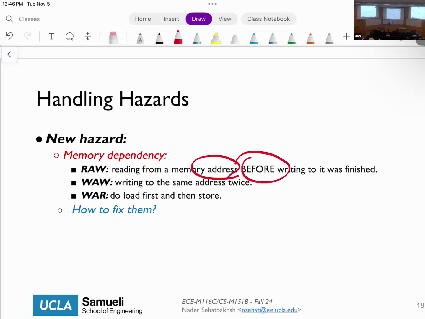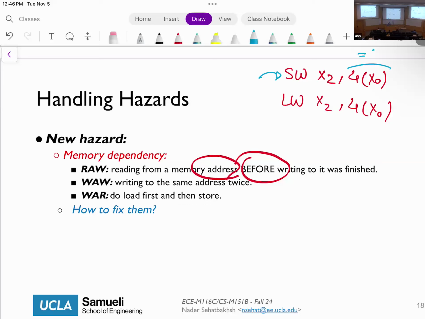So for example, if I have a store word x3 to 4(x0), and then I have a load word x2 from 4(x0), you will see that the store is writing to address 4.